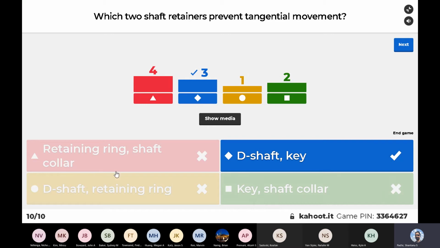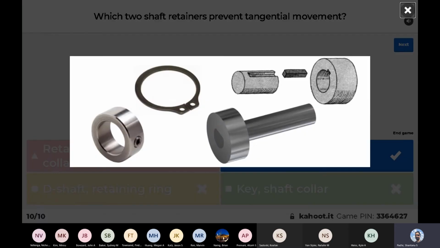Looks like there's a mix of answers on this one. This is a D shaft. Because of this flat part over here, it prevents this wheel from moving with respect to the shaft. And a key, similarly, will prevent this inner shaft from moving with respect to this ring. A set screw should also work, but this one will not prevent tangential movement, though.